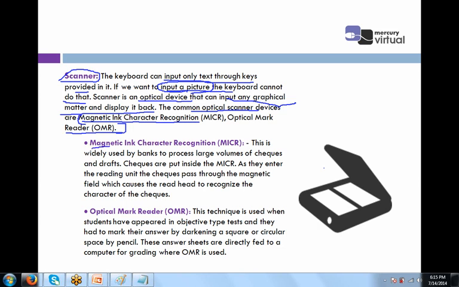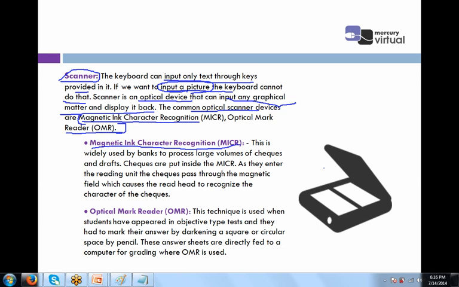Now let's see MICR. MICR stands for Magnetic Ink Character Recognition. I will give you an overview first, then we will go line by line. MICR is basically used in banks.